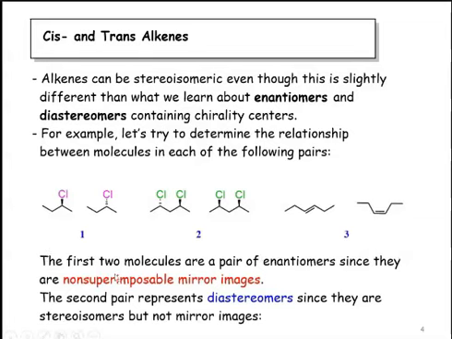Here we can say the first two molecules are a pair of enantiomers since they are non-superimposable mirror images of each other. Now, these two structures also represent the same molecular formula. However, they are diastereomers because they are stereoisomers, but they are not mirror images of each other.